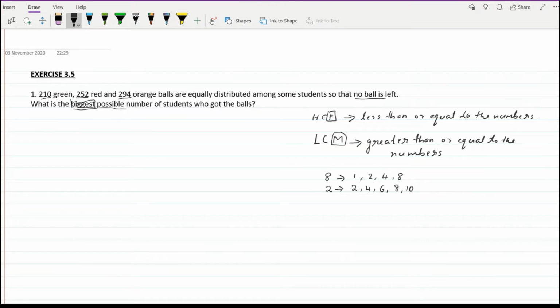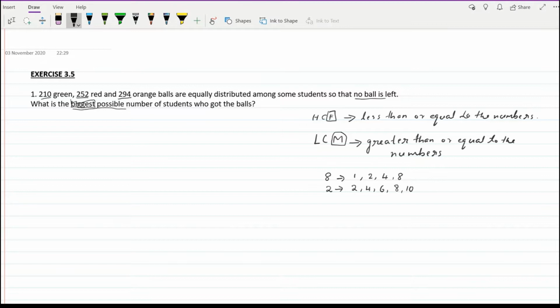Therefore, LCM is always greater than or equal to the numbers. From these factors and multiples we get the properties: HCF is always less than or equal to the numbers, and LCM is always greater than or equal to the numbers. By using this concept, we can solve these application based questions.